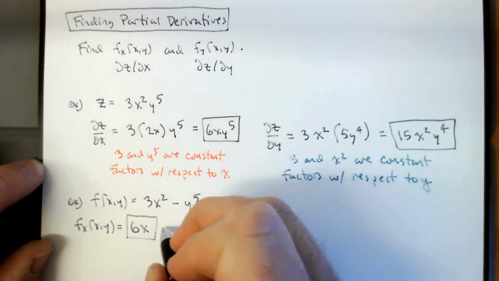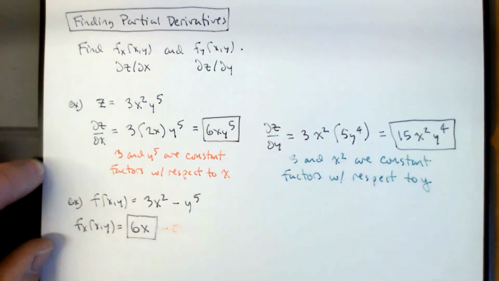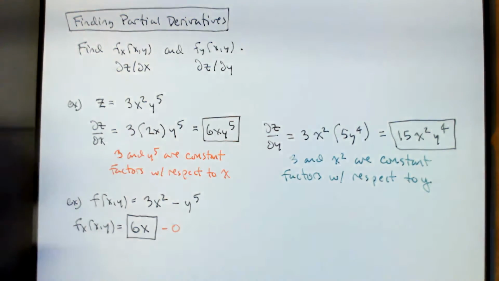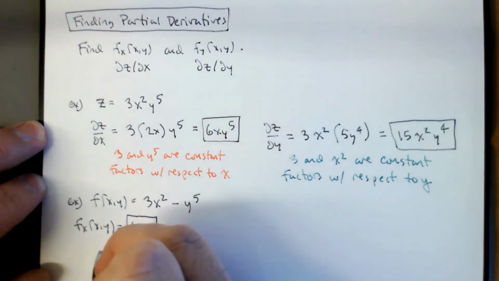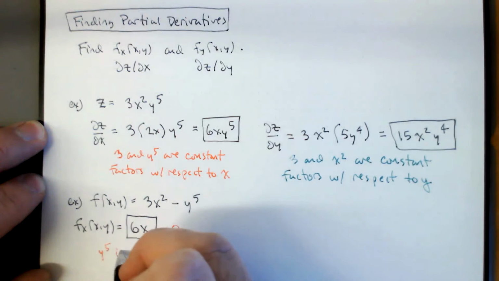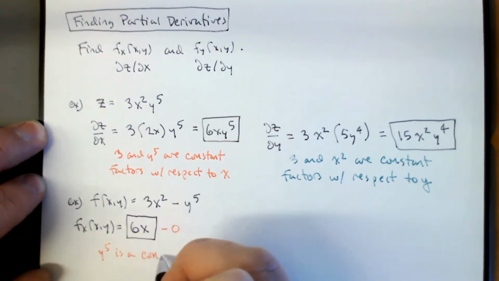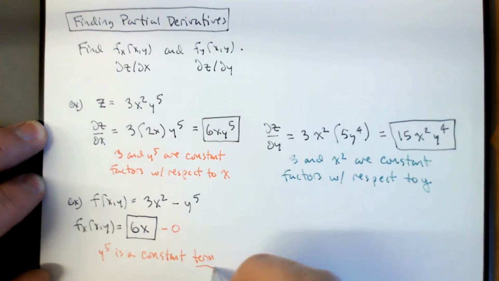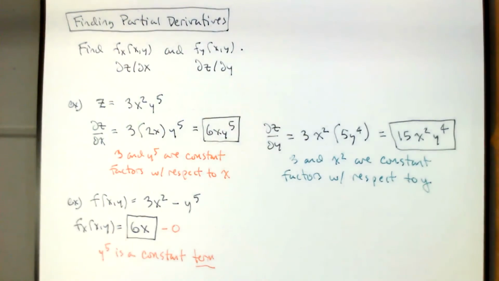So minus y to the fifth is minus 0. In this problem, 3 is a constant factor, but y to the fifth is a constant term. And the derivative of a constant term is equal to 0.